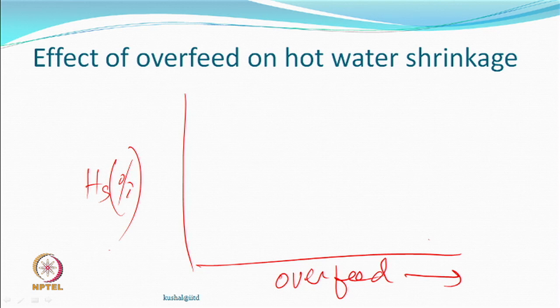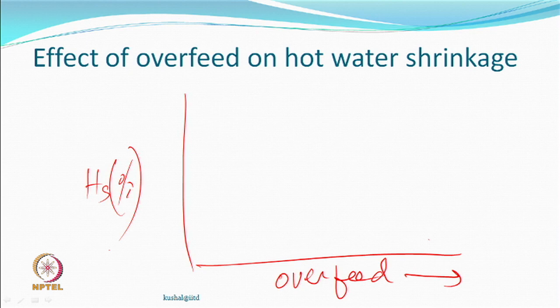So, before you answer this question, obviously you know the property of the fiber. Let us say we are talking about polyester to begin with. So, we are using hot water, but it is a shrinkage process.